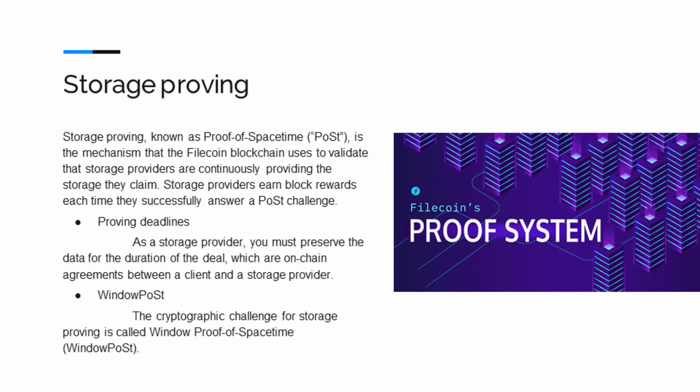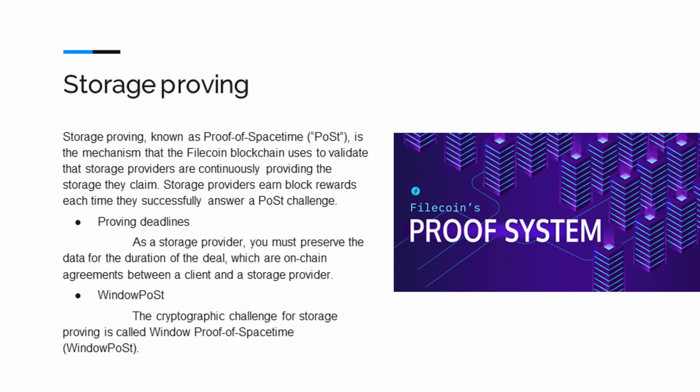Every proving period of 24 hours is broken down into a series of 30-minute non-overlapping deadlines. This means there are 48 deadlines per day. Storage sectors are grouped in a partition and assigned to a proving deadline. All storage sectors in a given partition will always be verified during the same deadline.